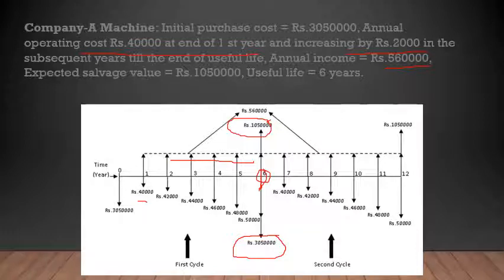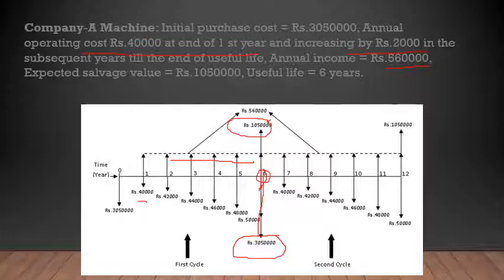So when does the second machine start working? The second machine starts its work exactly at t equal to 6. So repeat that. What do you mean by repeating? I am reinvesting. How much? By investing rupees 30,50,000 at t equal to 6.